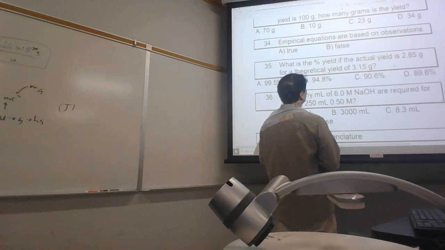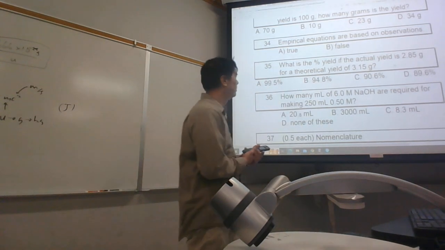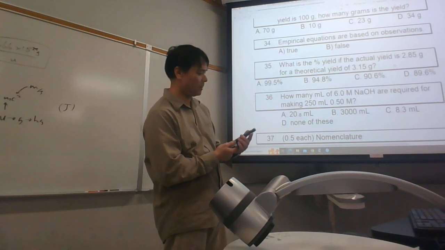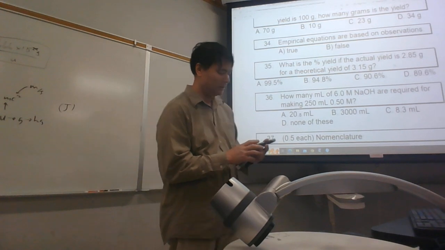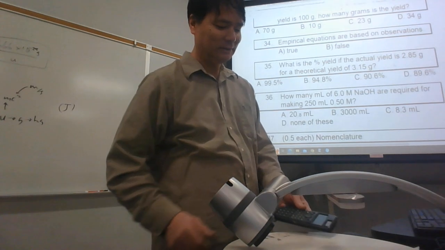90.47%. Now, 90.47% is not on there. And so we have to just pick the closest, which would be 90.6. 90.6%, right? Yeah. Okay. That happens. Sometimes I just copy these problems from the book. I don't know how they got that answer.